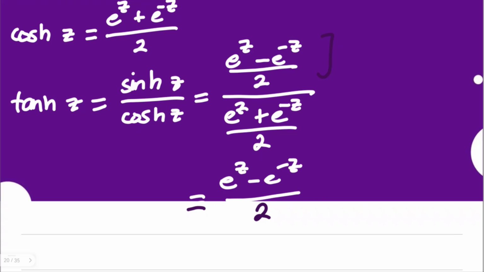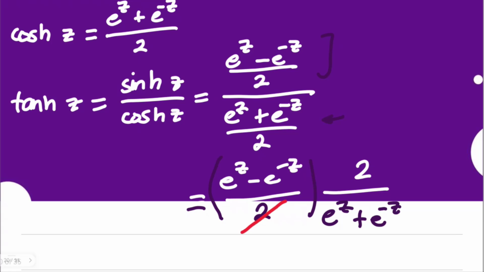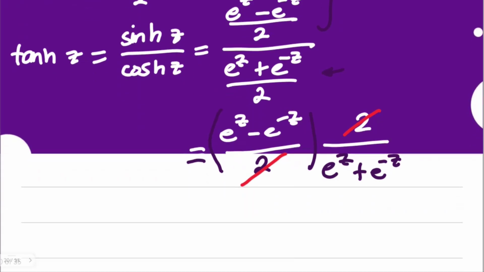Then you are going to multiply times the reciprocal of our denominator. You will have here 2 over e to the power of z plus e to the power of negative z. That is why you are going to cancel this one here.